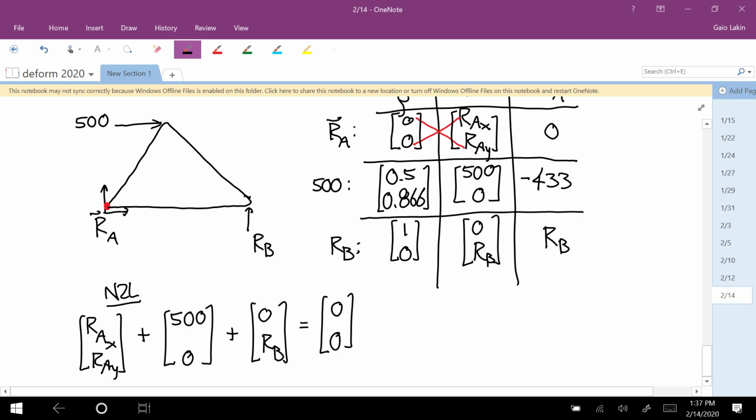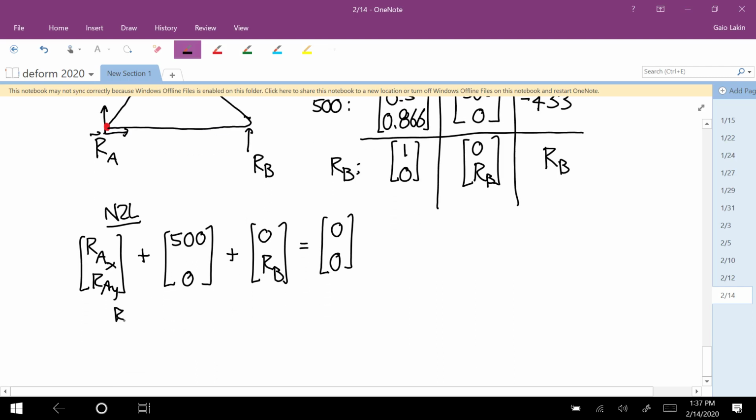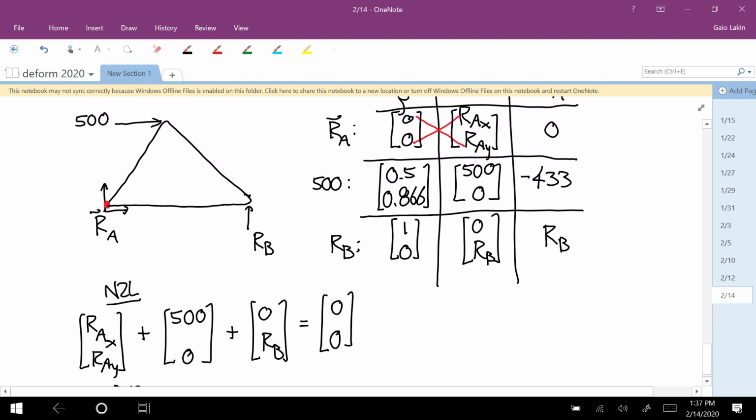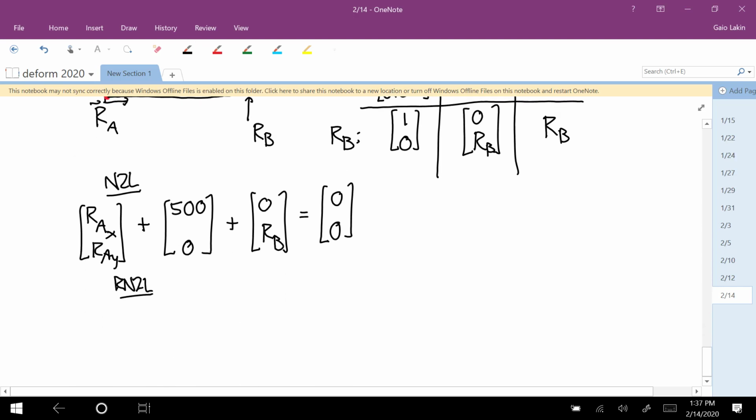And the moment equation, rotational Newton's second law, says negative 433 plus RB is equal to 0. So from this, we can see that RB is 433.